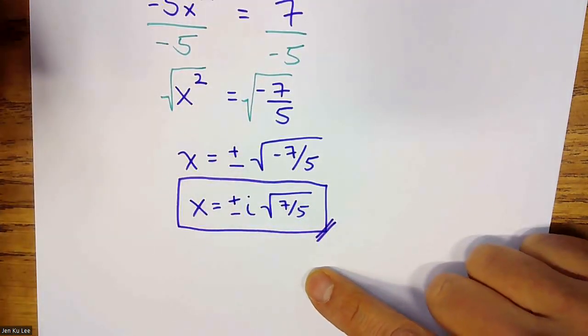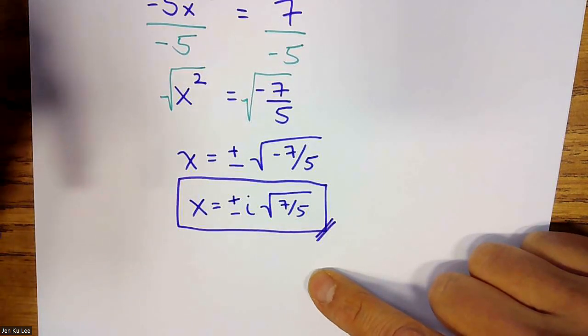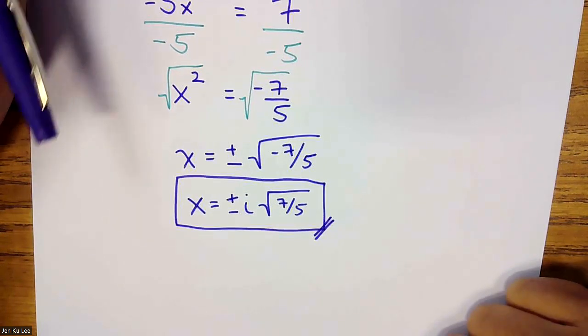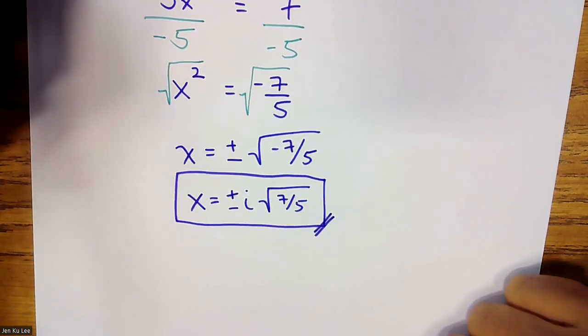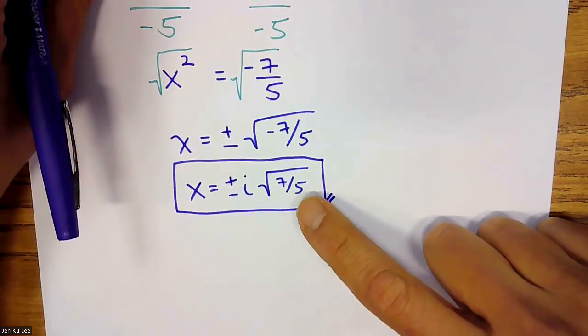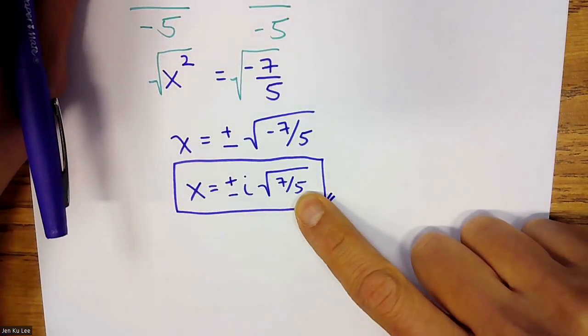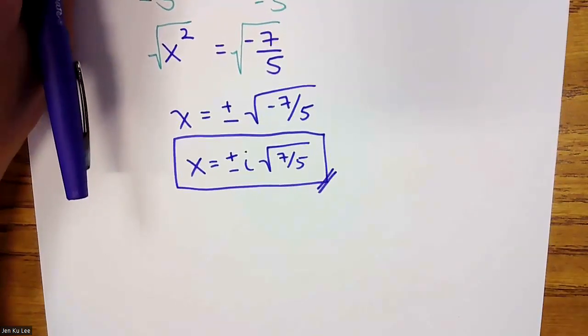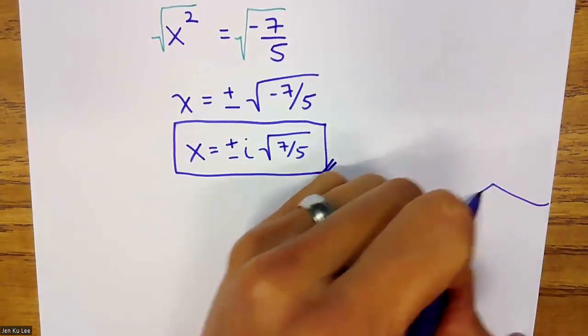I don't want you to simplify it. Only if it's a perfect square, simplify. And I'll show you guys what I mean in a little bit. We're going to learn how to simplify this, but not today. Not in this lesson.